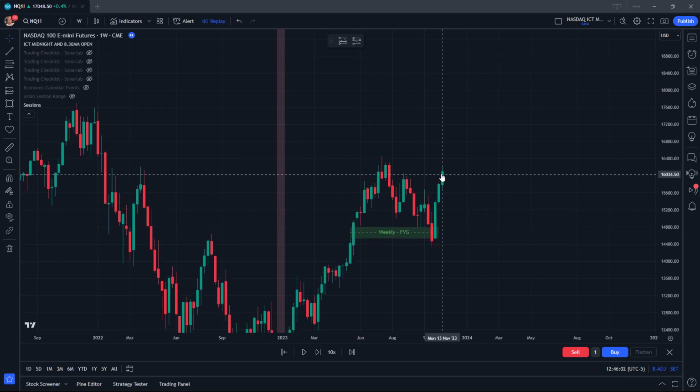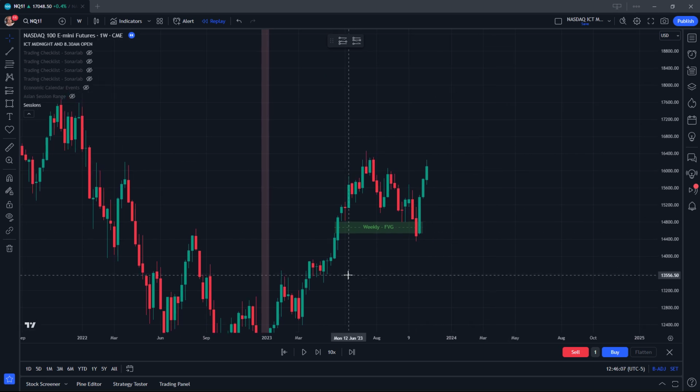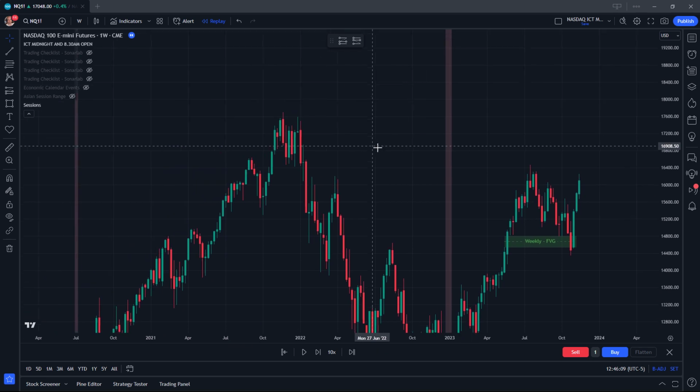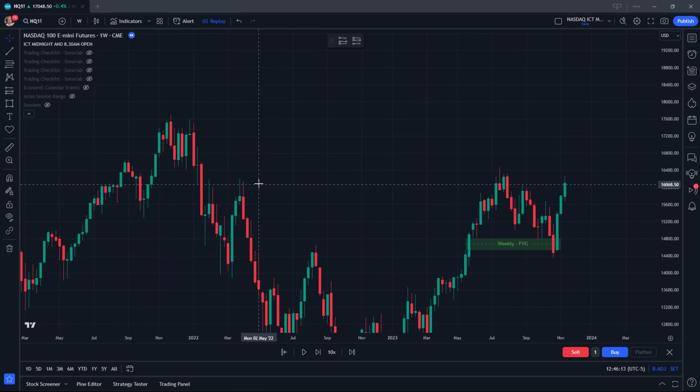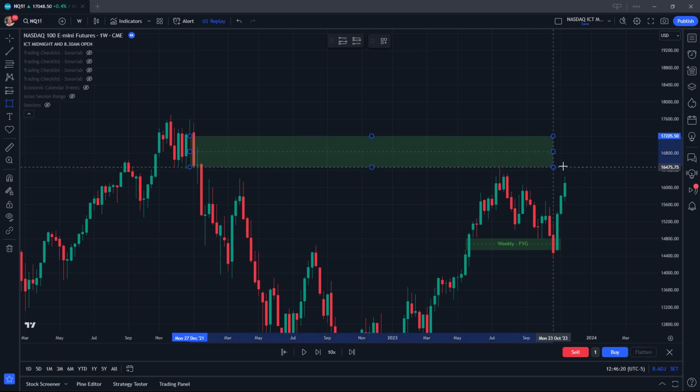Remember, we wouldn't have seen this candle yet. We'd probably still be looking at this candle or something. Okay, let's look back and see if we can find a target for where we think price is going to head to. So we've got this here on a weekly.